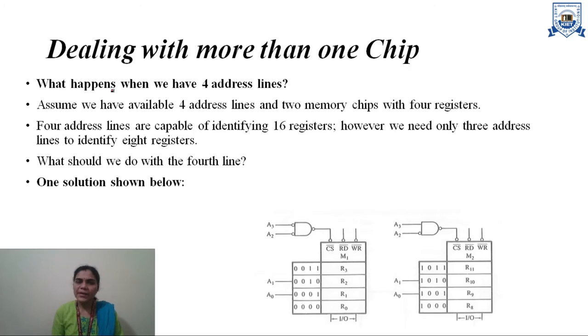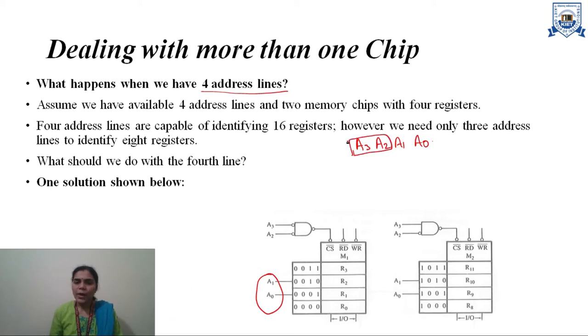What will happen when we have 4 address lines for the same configuration? We have 4 address lines, A3, A2, A1, A0. According to 4 registers, we will require only 2 address lines, A0, A1.